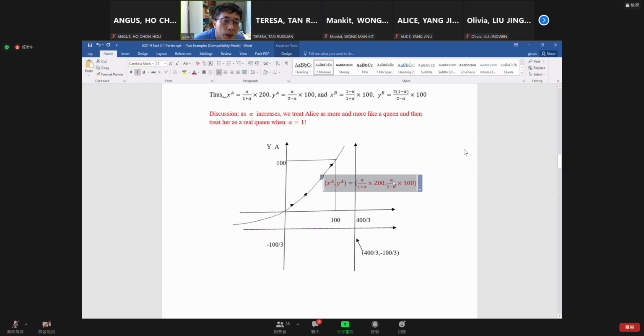When alpha is small, I think this number is bigger. And when alpha is larger and larger, probably this one is bigger. Okay, any question? No, everything is okay? Okay, if no question, that's the end for today.